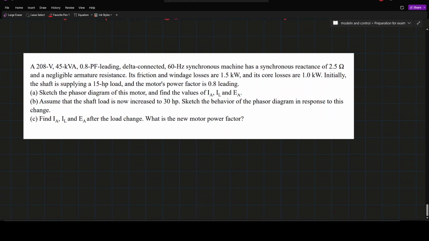So they're giving us a bunch of powers. We know that the power in is equal to the power in the shaft, that is the power out, plus the mechanical losses, plus the power lost in the core.